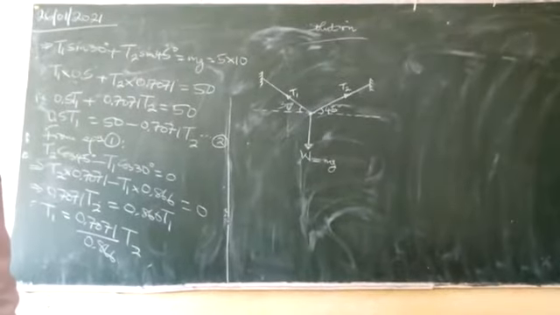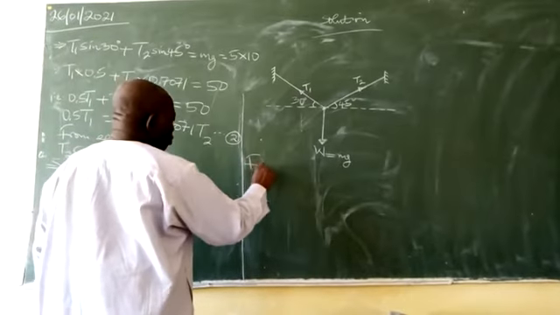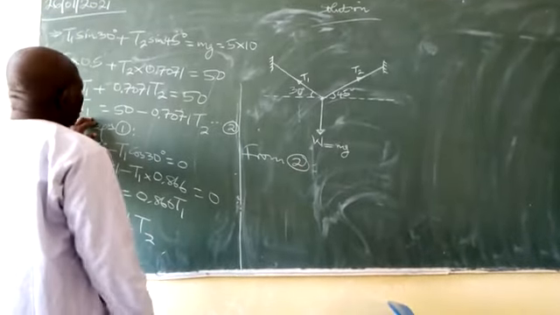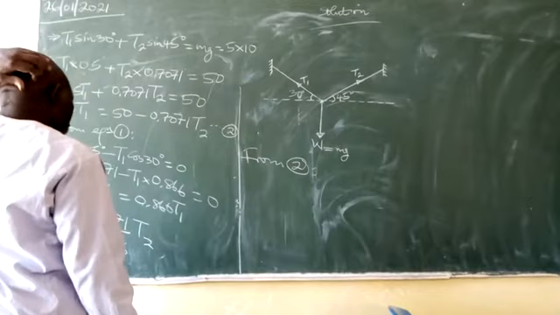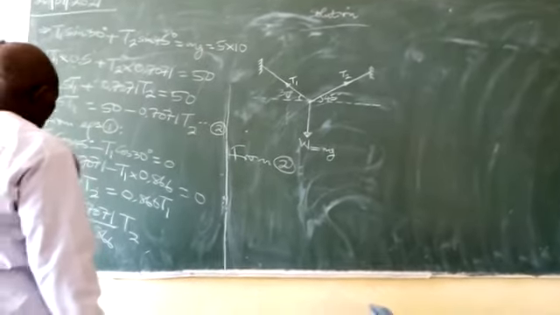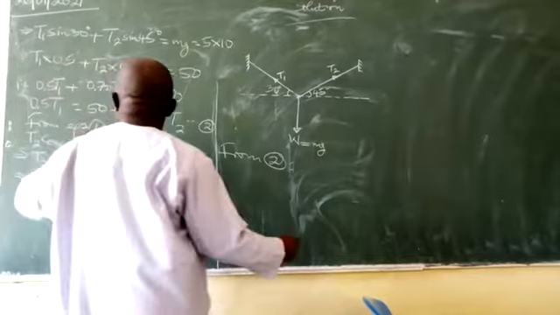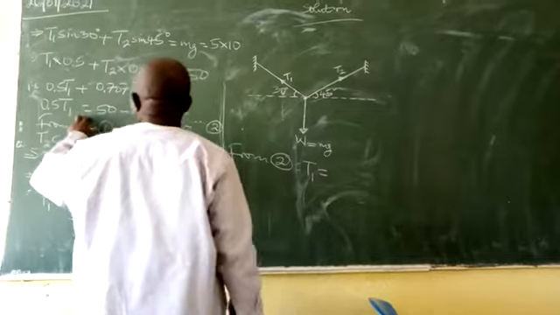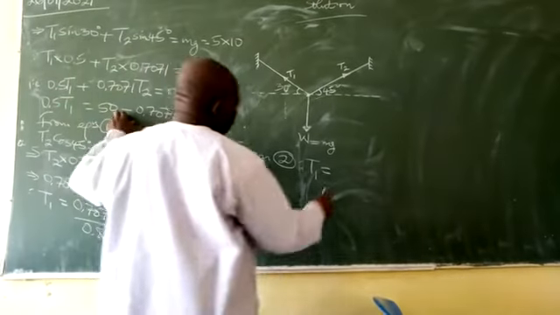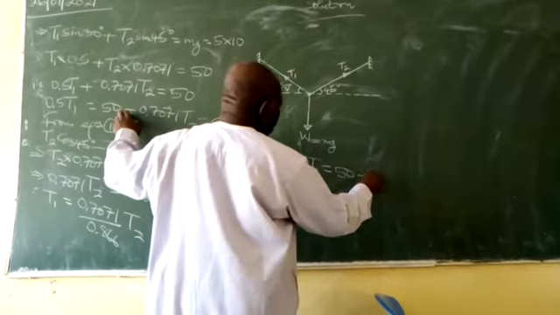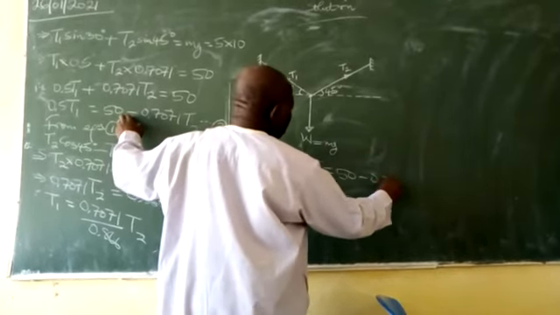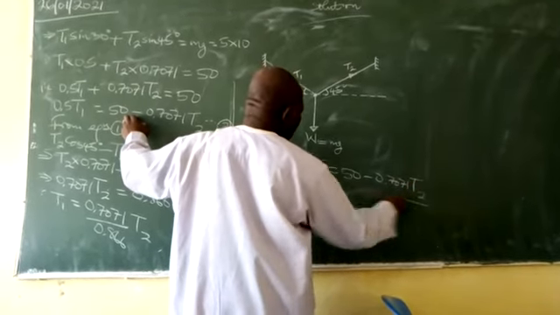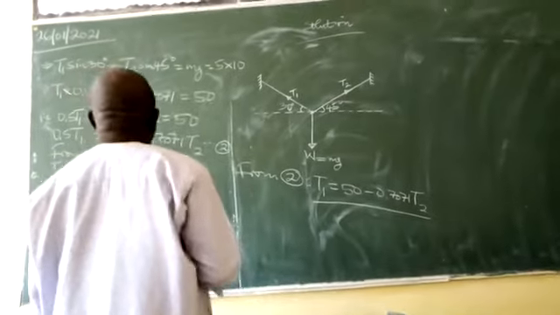From equation 2, I can have T1 is equal to 50 minus 0.7071 T2, everything over 0.5.